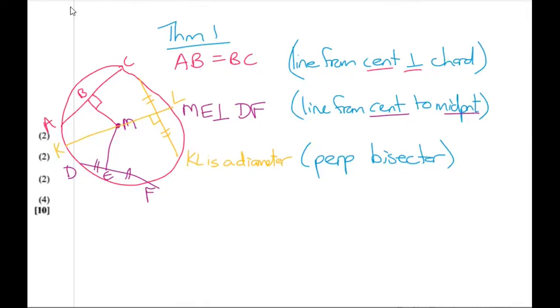So that tells you that it's going through the center. So my center is in the statement, and then the perpendicular and the midpoint are mentioned in the reason. So it's the same theorem with three concepts, three different reasons depending on how you're using the theorem. Okay, so I hope that's made it clear as to when you're going to use the different reasons.